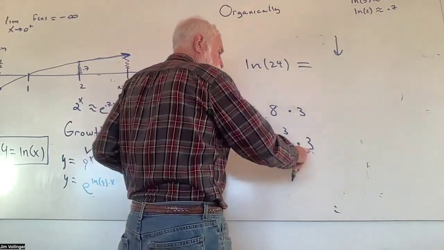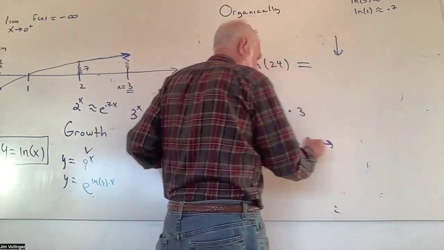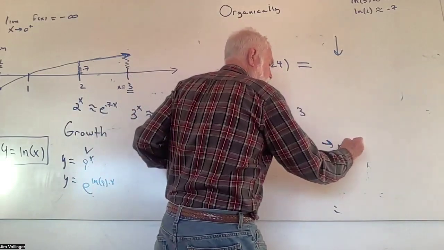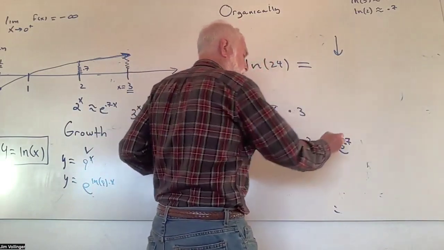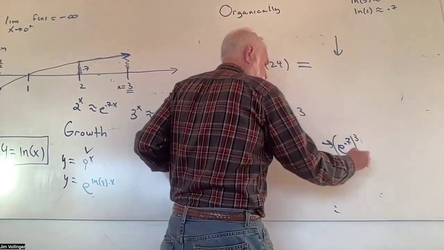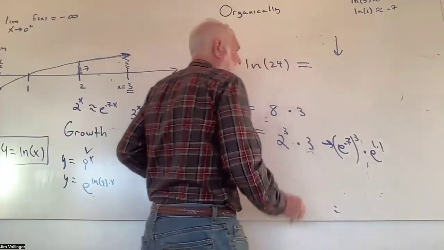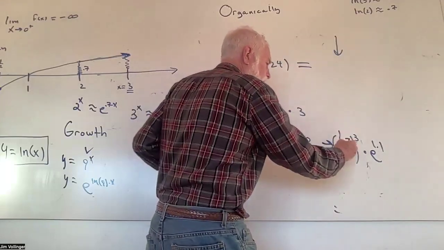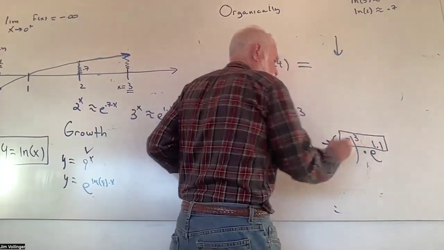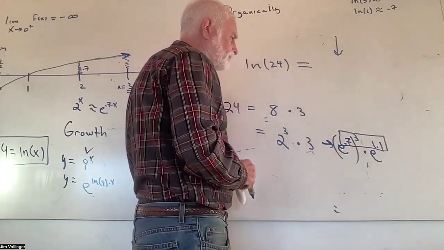So now we have our 2's and our 3's, so we could say that 2 is e to the 0.7, and I'm cubing that, times 3, which is e to the 1.1, and ln is about the numerical activity of the exponents. So what do I see?